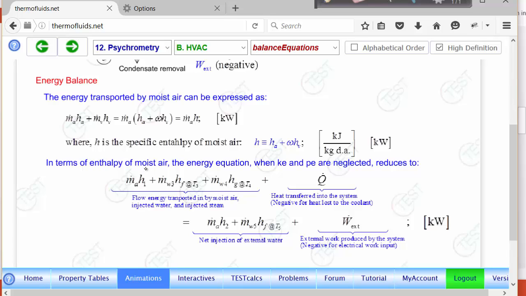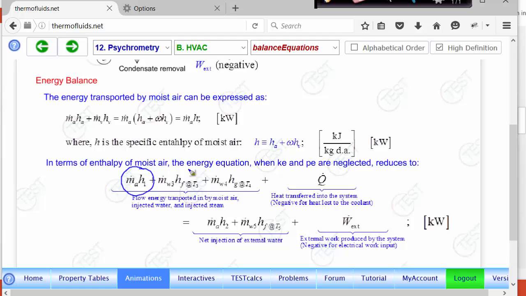I misspoke, so let me just redo the energy equation again. Notice the energy transported by moist air is now given by this quantity, where we just keep track of the dry air that is coming in and the enthalpy that's in the psychrometric chart.